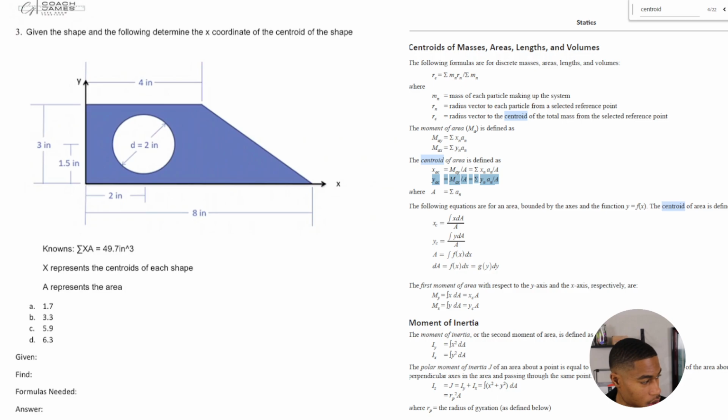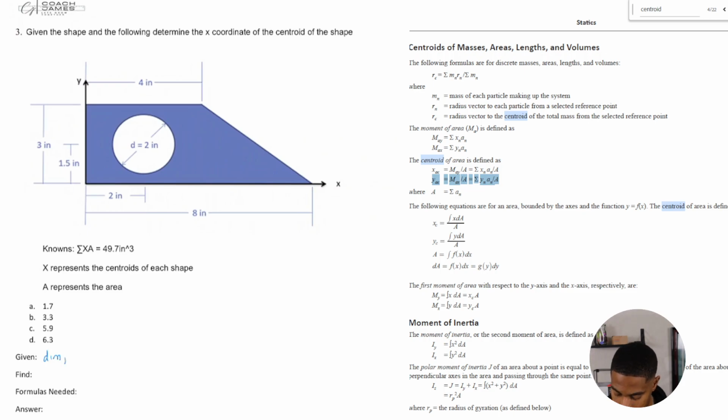So what information do they give us for this? Well, they give us all the dimensions, right?